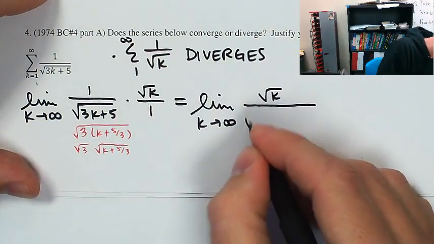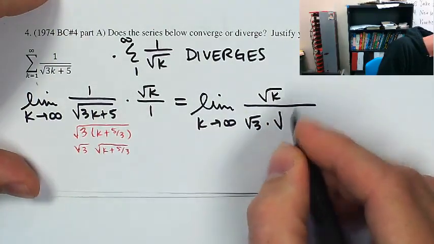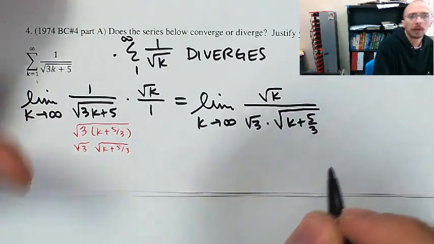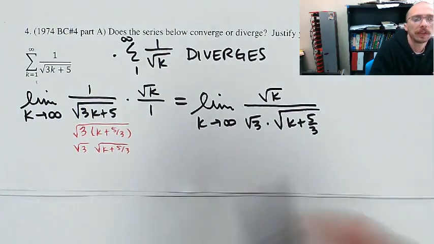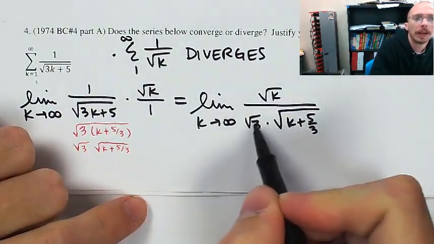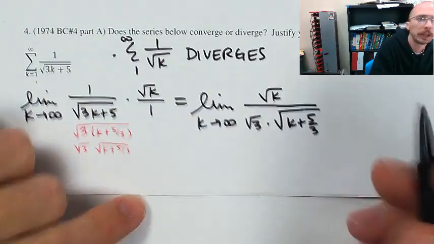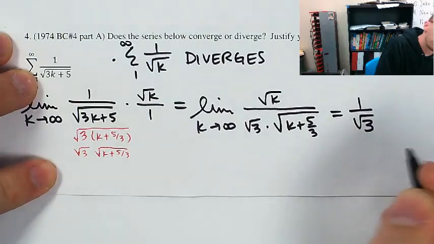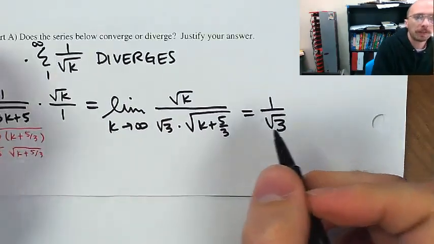So root 3 times root k plus 5/3. These are essentially the same, and then I've got the 1 over the square root of 3 either way. So this is equal to 1 over the square root of 3, which is positive and finite.